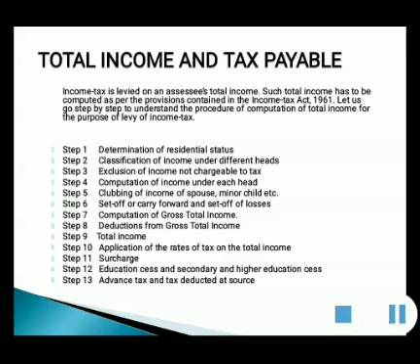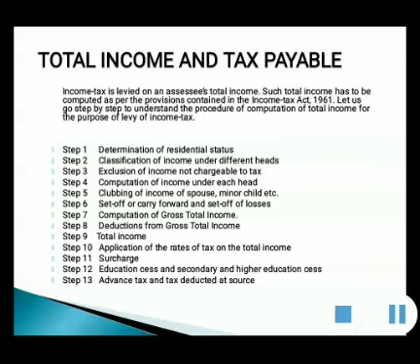Fourth, computation of income under each head, clubbing of income of spouse, minor child, etc., set off or carry forward and set off of losses, computation of gross total income, deductions from gross total income. Then we will get the total income and application of the rates of tax on the total income, and then we add surcharge and education cess and secondary higher education cess, and advance tax and tax deducted at source.